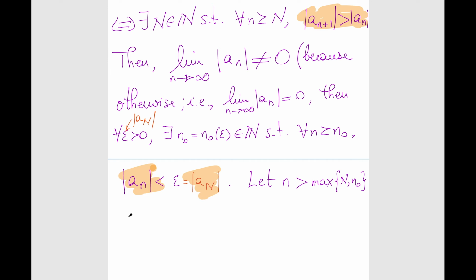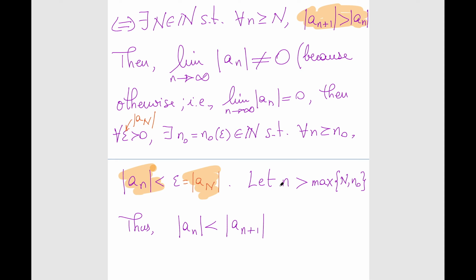So thus, because of this, I'm gonna be able to write an is less than absolute value of an plus 1, and since n plus 1 is bigger than or equal to n naught. Why is n plus 1 bigger than or equal to n naught? Because n itself is larger than n naught.